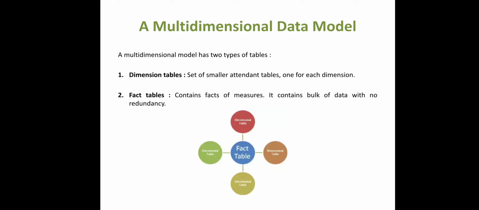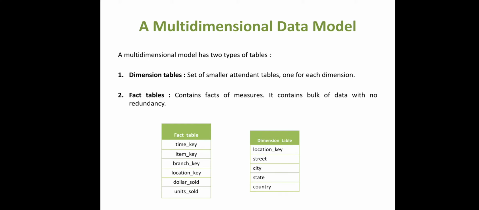It contains a bulk of data, and in the fact table we store the different dimensions. For each dimension we have a single dimension table. So if I am storing one dimension in the fact table, then for that dimension we also have a single dimension table. In this way we are going to store our data.